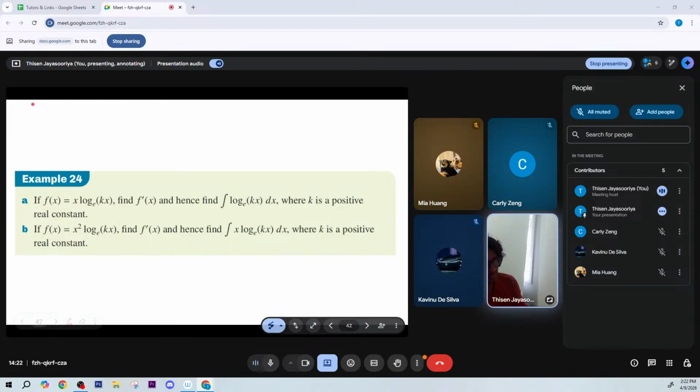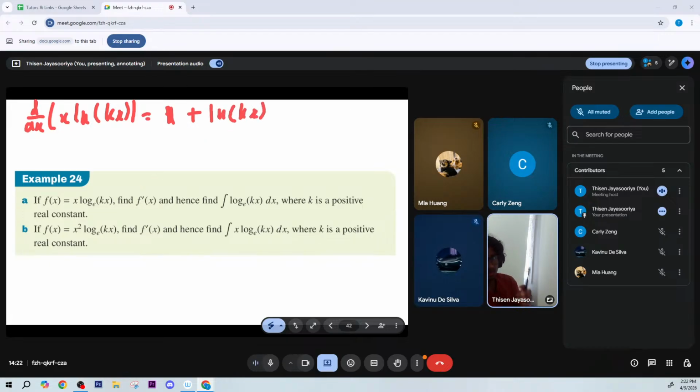So that's what we get as our derivative here. We get here 1 plus ln of kx. Now, we're still going to use the same technique here, right? Here, we know that the d on dx of x ln of kx equals 1 plus ln of kx.